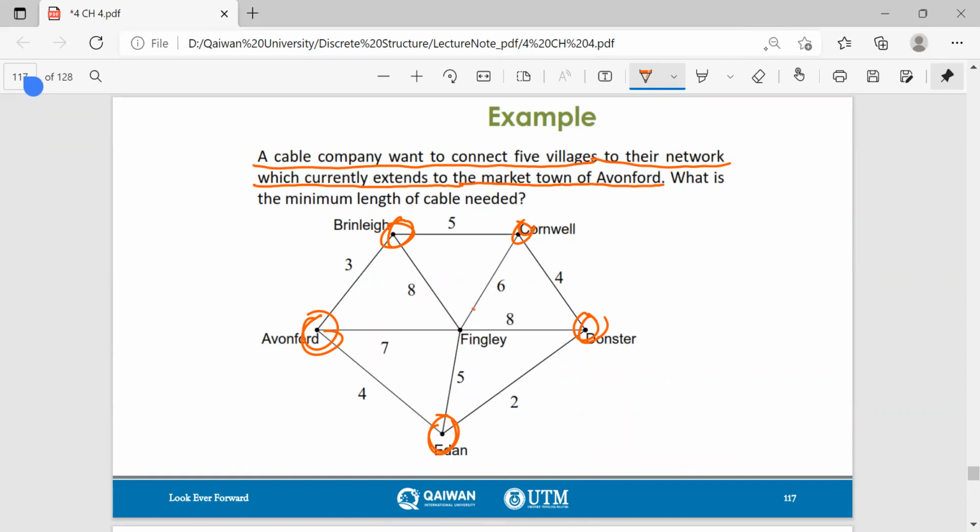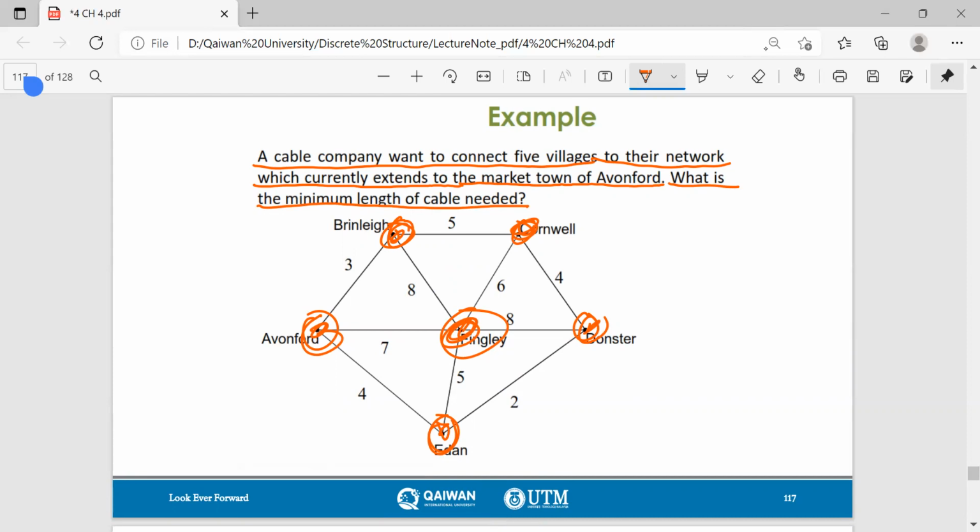Here you have these 5 villages, and this is the market. It says, what's the minimum length of cable needed? Here, we want to join all these villages with this point and all the edges together.